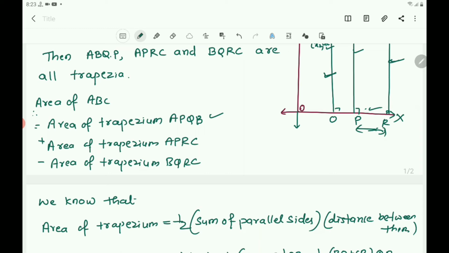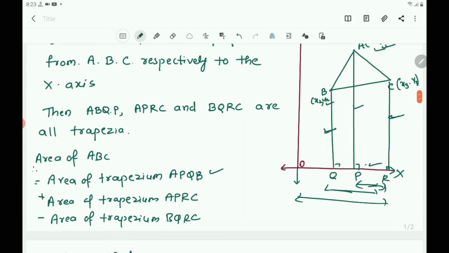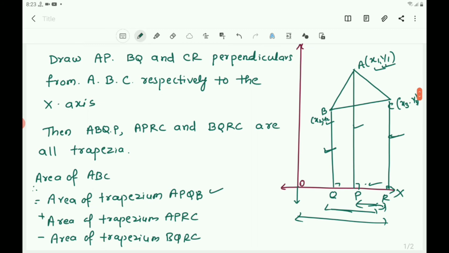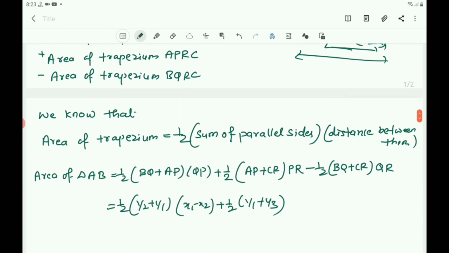PR is OR minus OP. OR is x3 and OP is x1, so you take x3 minus x1.